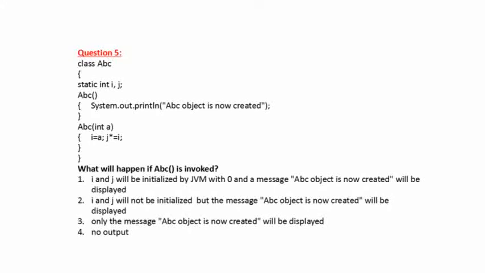So this is the fifth question. The code remains the same and it is asking what will happen if ABC is invoked. Number 1, I and J will be initialized by JVM with 0 and a message ABC object is now created will be displayed. Number 2, I and J will not be initialized but the message ABC object is now created will be displayed.